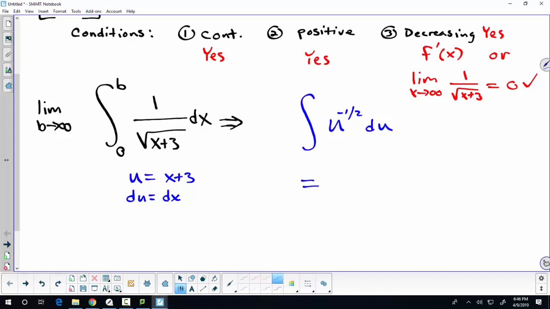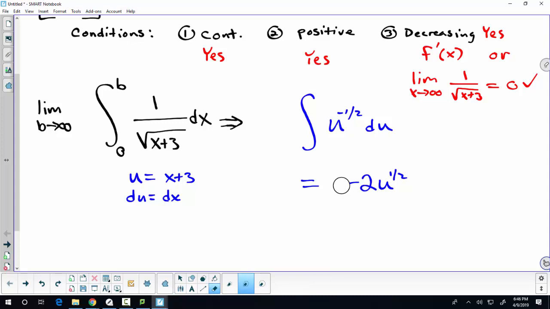Negative 2 square root of u? Oh, it's positive 2. Yeah, because you add 1 divided by 1/2, so it's positive 2.